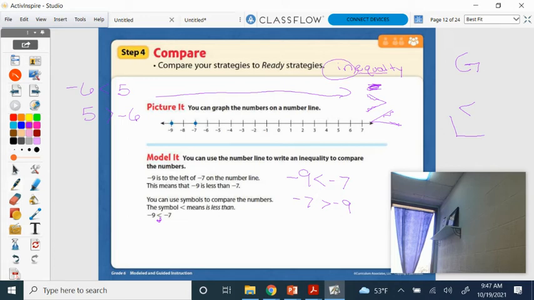So a whole number and its opposite. I need two for the two numbers. So I need a number between here. What's the whole number that fits between those two numbers?